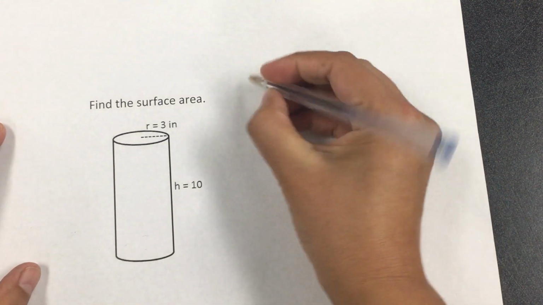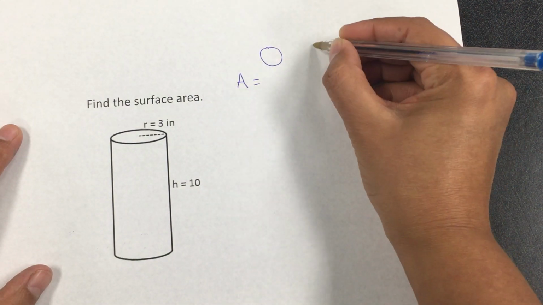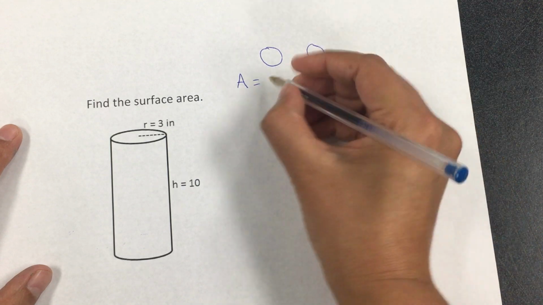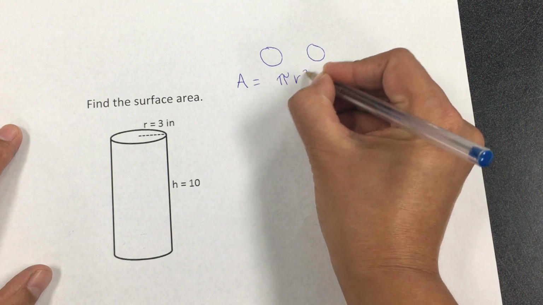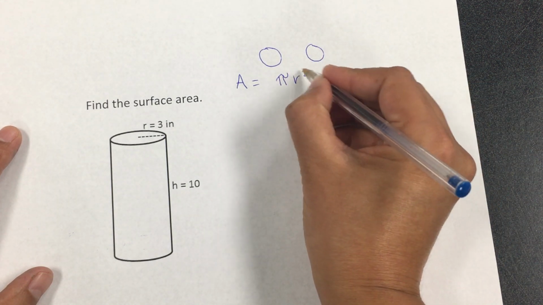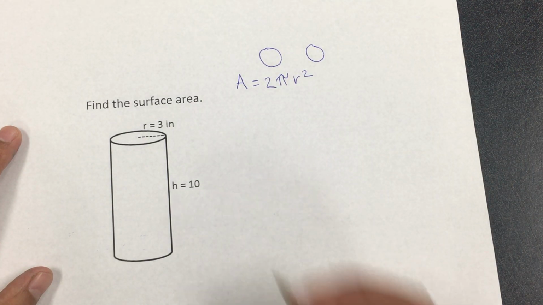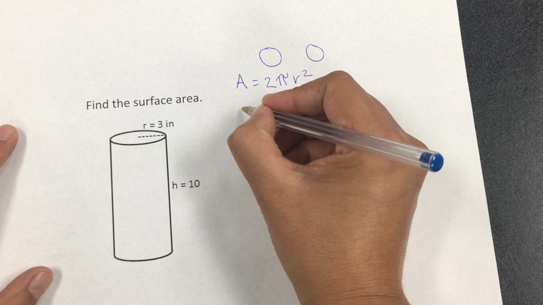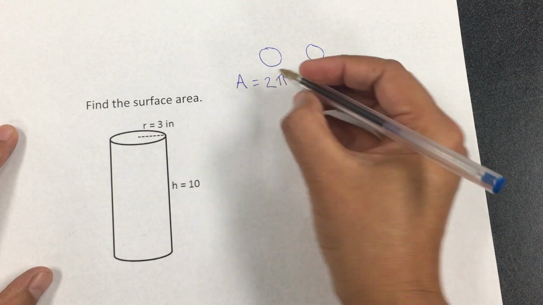For one circle, the area is pi r squared. But we have two of them, so we multiply the area of one by 2. That's just the area of the two bases.